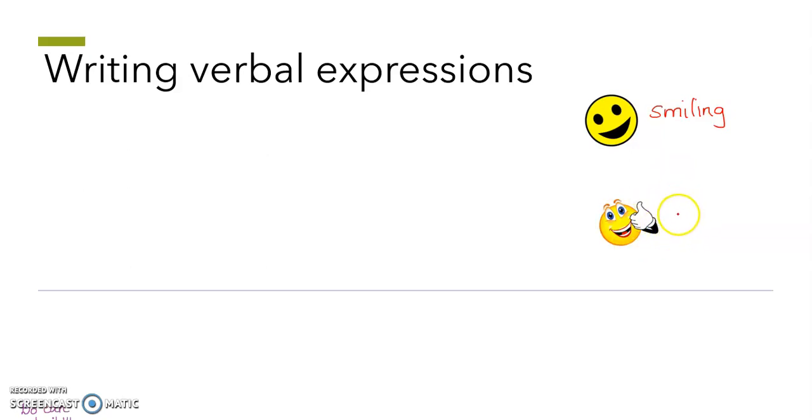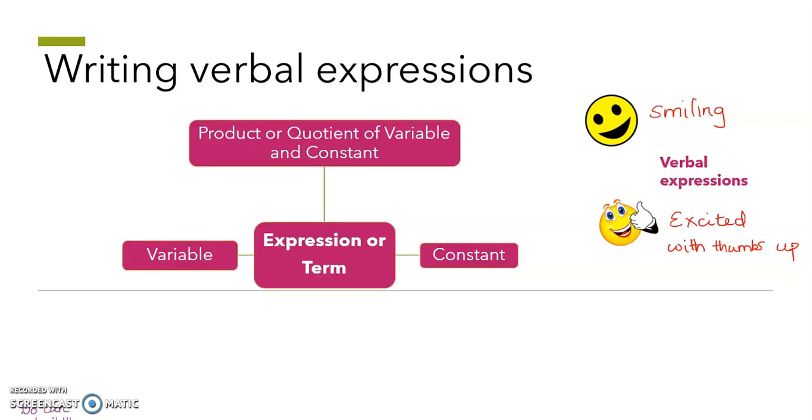We write excited with thumbs up. Am I right? Thumbs up. So writing some words for a picture or anything is called verbal expressions. In today's video, we are seeing how to write verbal expressions for algebraic expressions.